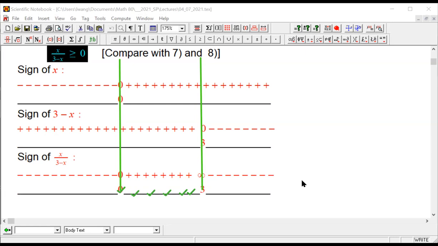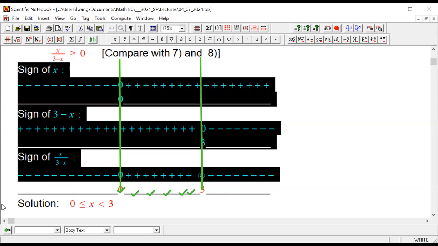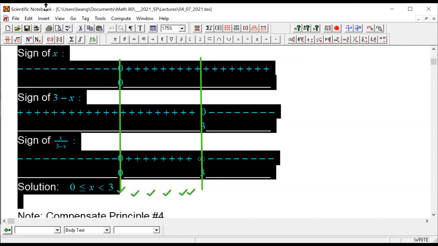So the solution will include 0: x is greater than or equal to 0, and less than 3. Does everybody follow me?